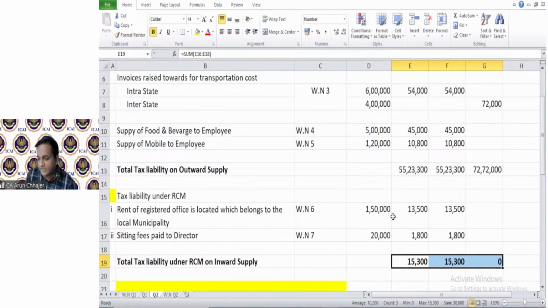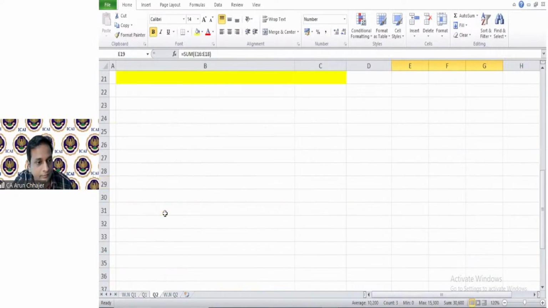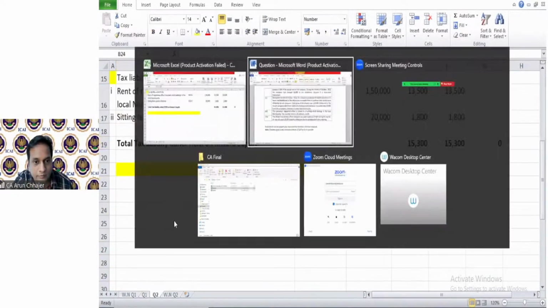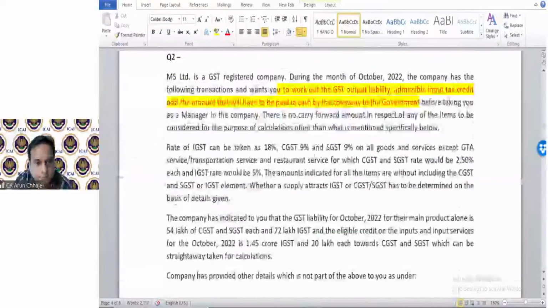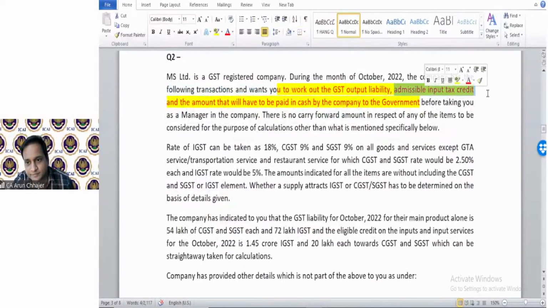Fine. Now we will calculate the ITC available. Now admissible input tax credit.